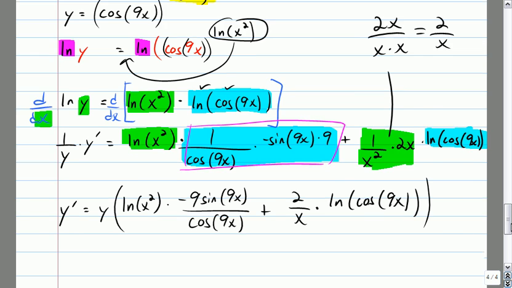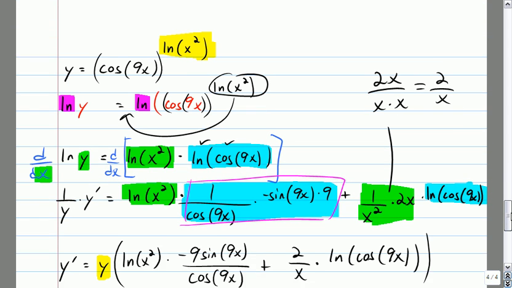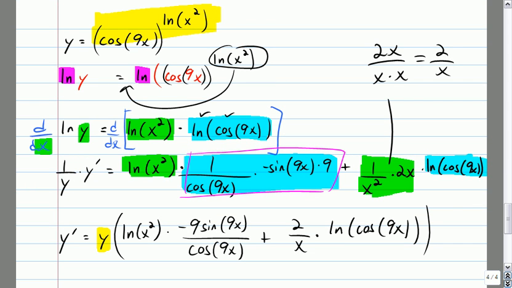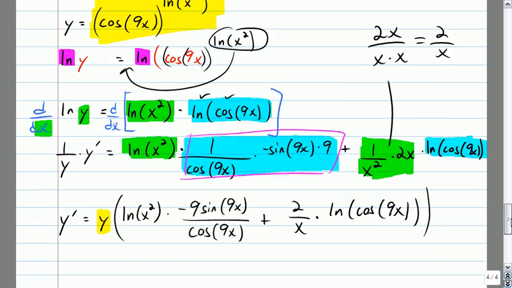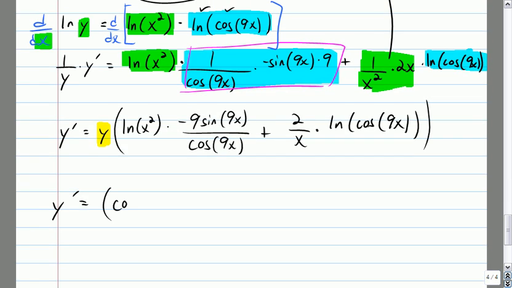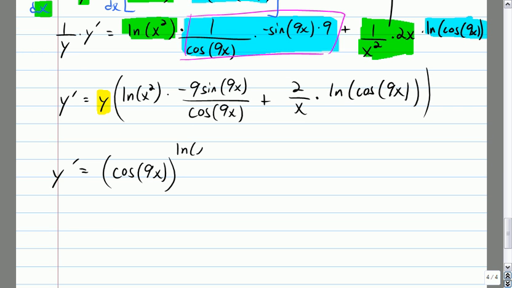And then our last step is just to substitute y in. So y right there will get replaced with this whole thing. So go back to the start. You know what y is in terms of x. So we end up with y prime equals cosine 9x raised to the natural log of x squared. Okay, so that's y.